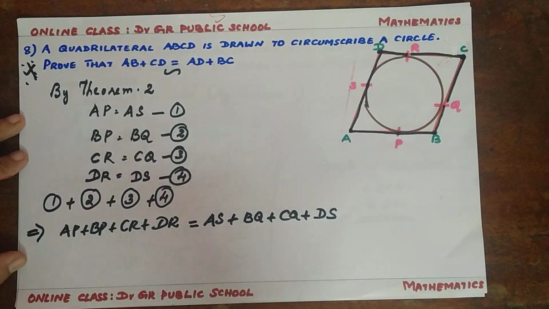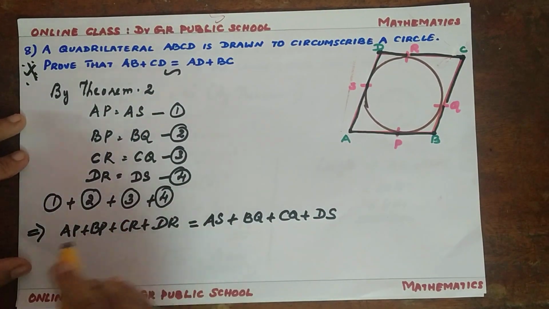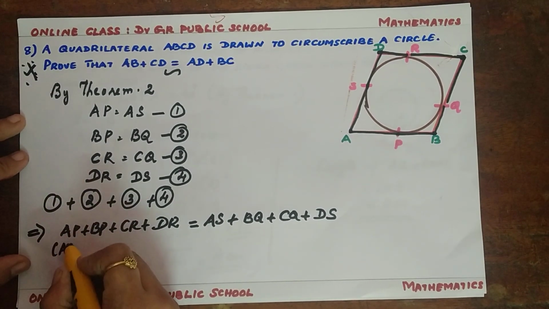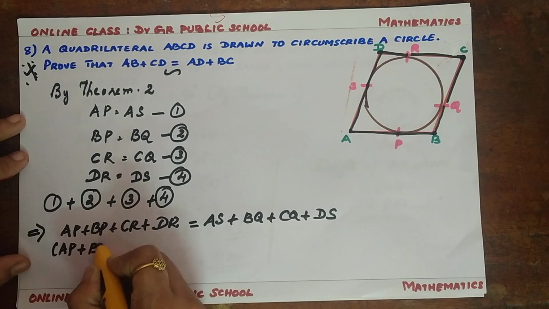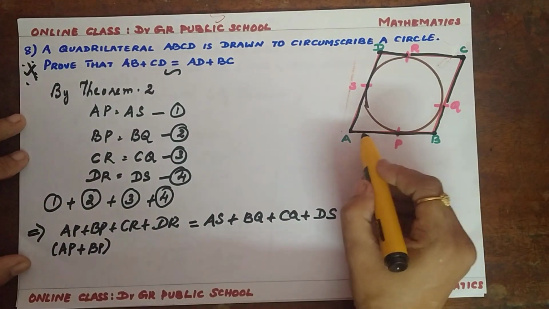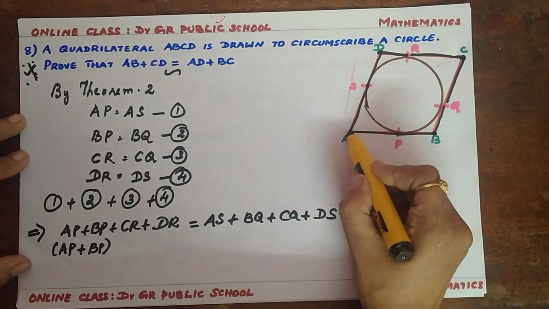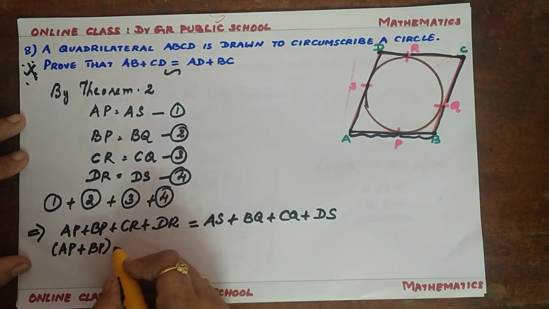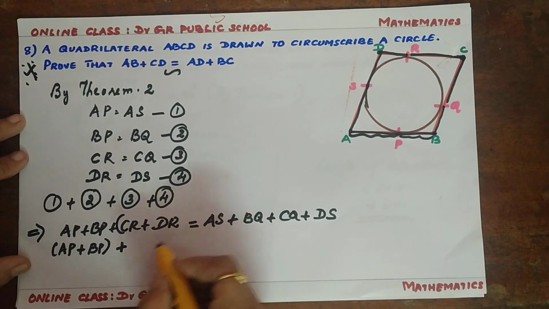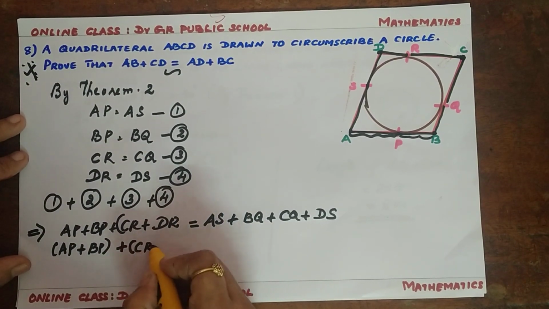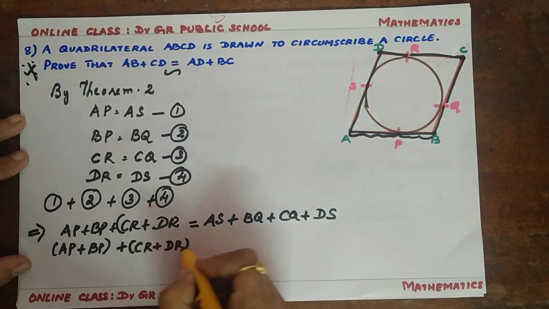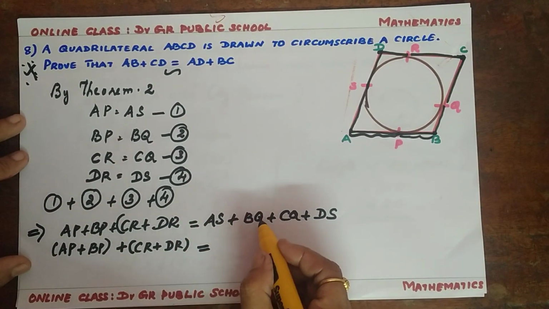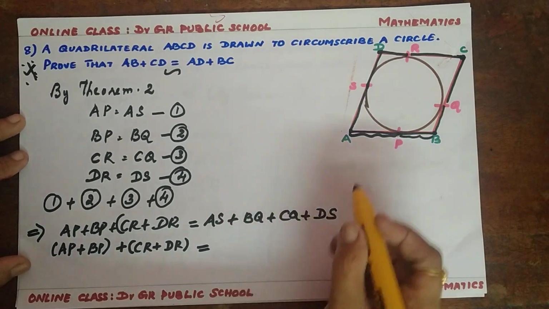Now to prove this, you have to look at the question and arrange these terms. Listen here, I am going to group the first two, AP plus BP, in one bracket. Then AP plus CR plus DR, I am going to group CR plus DR in one bracket, which is equal to AS plus BQ. That you can't add up together. Look at the sides.